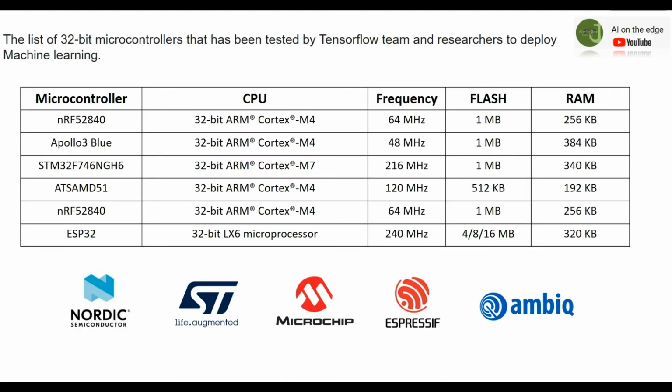Also I prepared this summary from the TensorFlow website. Basically these are the list of the 32-bit microcontrollers that have been tested by TensorFlow and sometimes by researchers. If you look at this table, they used 5 different types of microcontrollers from 5 different companies.